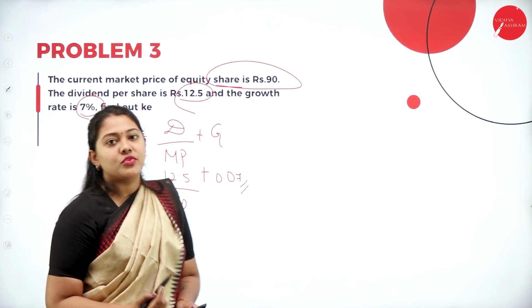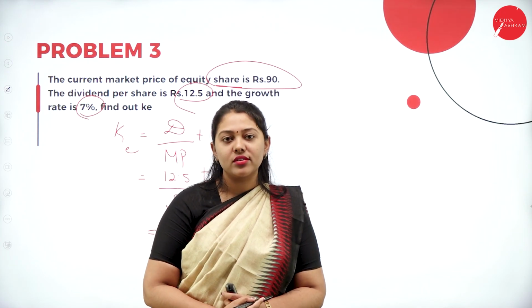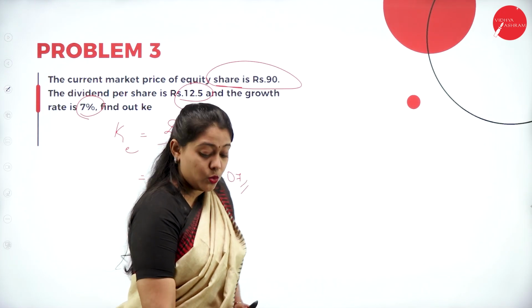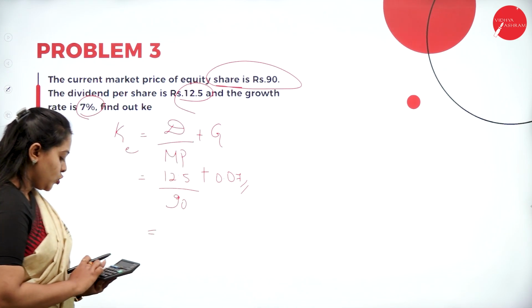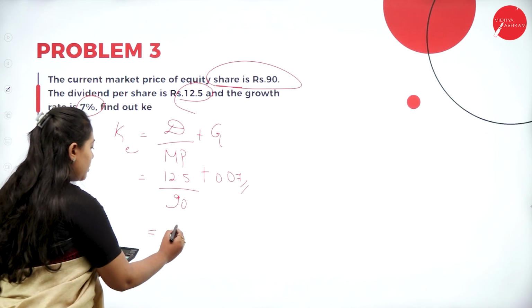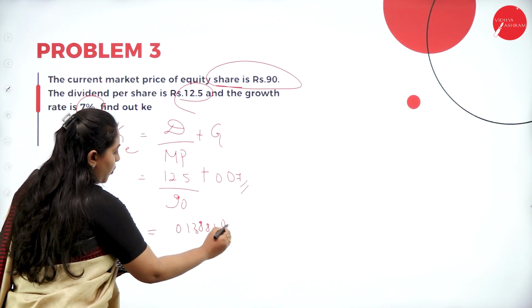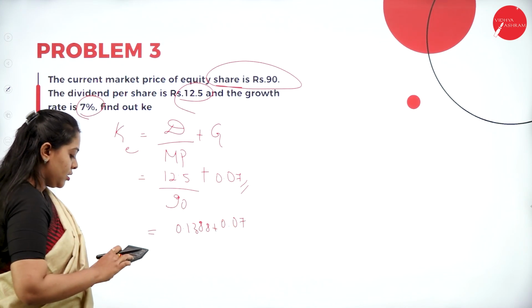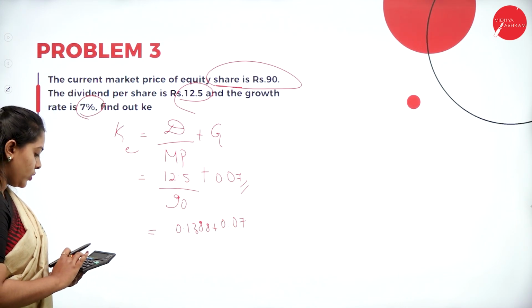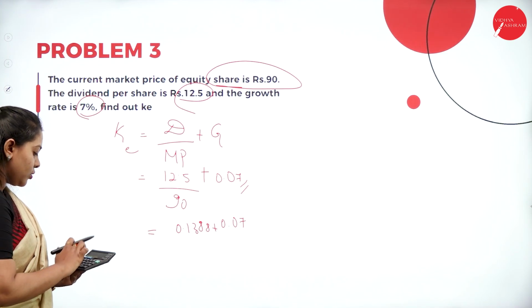Now let us substitute the values using a calculator and find out the cost of equity. 12.5 divided by 90 will be 0.1388, plus 0.07.